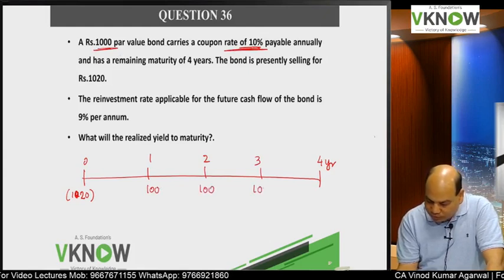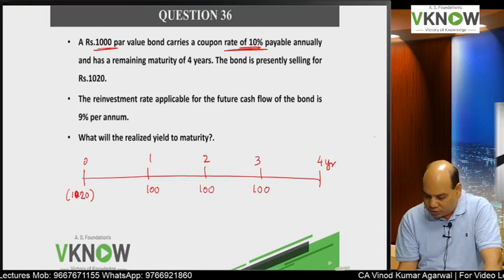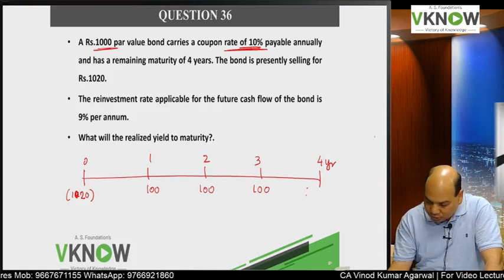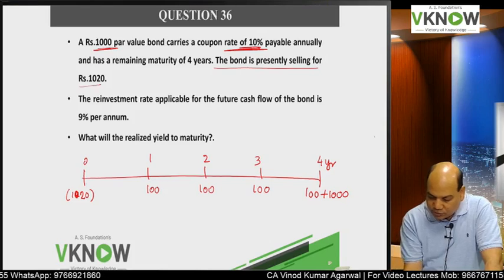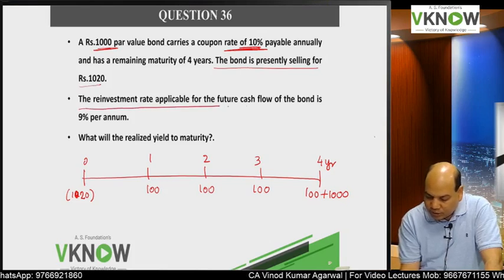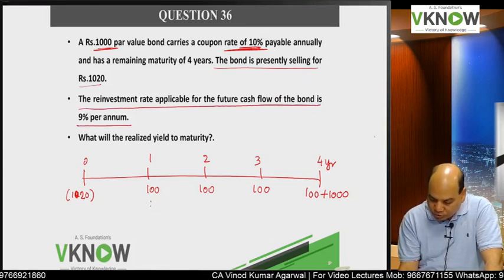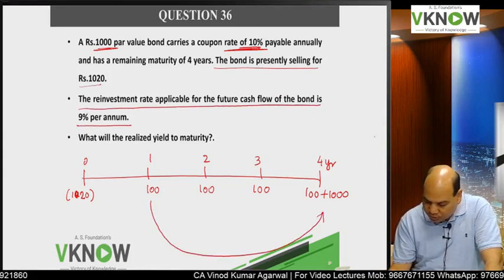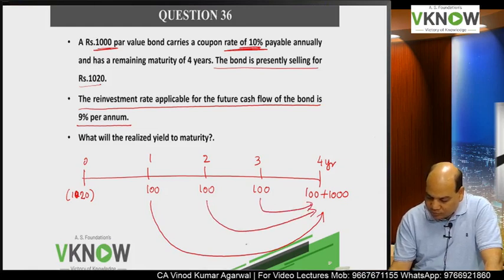So you will receive 100 rupees coupon in year 1, 2 and 3. And in the last year, you will receive 100 plus 1000 rupees. Reinvestment rate applicable for future cash flow is 9%. So these cash flows will be reinvested for the remaining period at 9% rate.